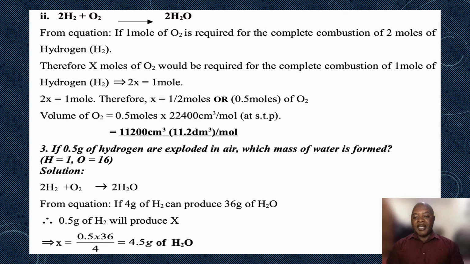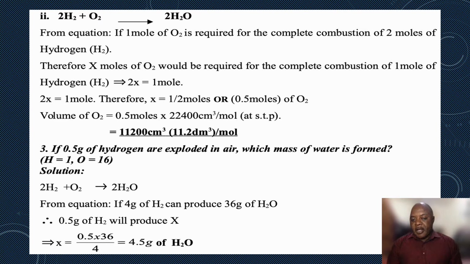Because when you have a balanced equation, you apply it and everything will be okay. Now hydrogen is exploded in air, that is with oxygen. Now 2 moles of water are formed, and 2 moles of hydrogen are used up.